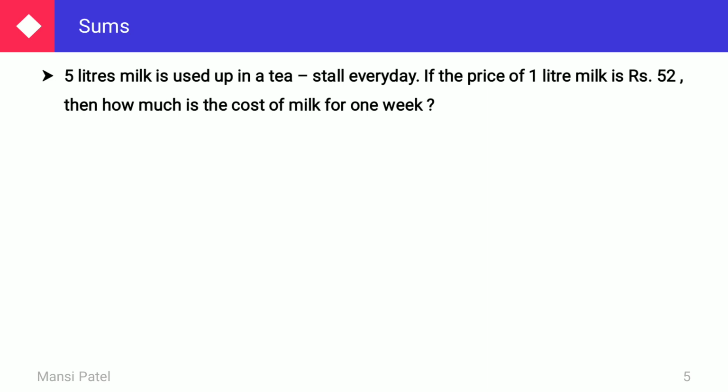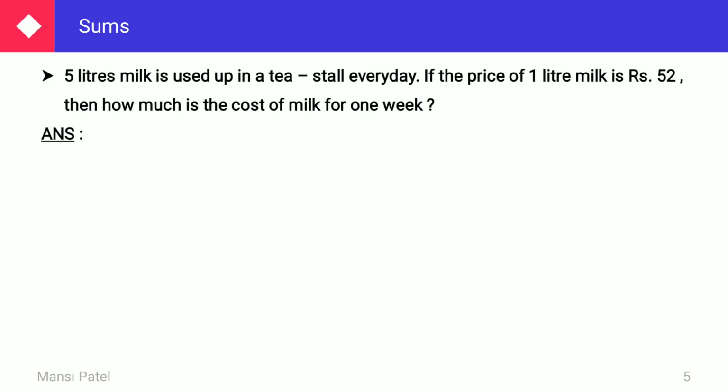They were given here 1 week, but as we already know, 1 week is equal to 7 days. So here you have to find out the cost of milk for 7 days.